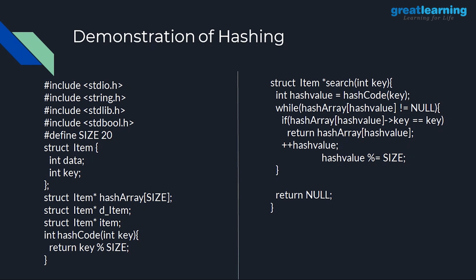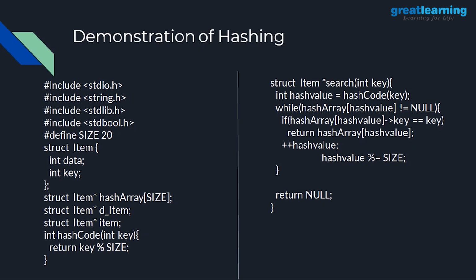Okay, so let's talk now about hash function or hash code which we get. So here, for simplicity, we are using a simple hash function wherein we get a value, we mod it by the size, right? Similar to what I was explaining to you earlier. Okay, so let's talk about now how to search an element in a hash table. For example, in a hash table we have 5 elements and the keys are 1 2 3 4 and the elements are 10 20 30 40.